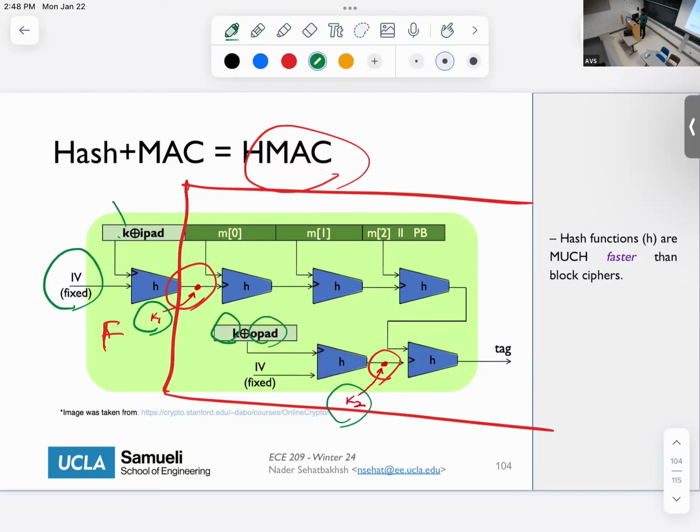So we generate two different keys and then feed them into the system. There are also differences in how we do the padding. If your message is smaller than the size of the input of the hash, you have to pad it and so on. These are the smaller things, but the big thing is that this H function is significantly faster than any sort of pseudorandom function that we have.